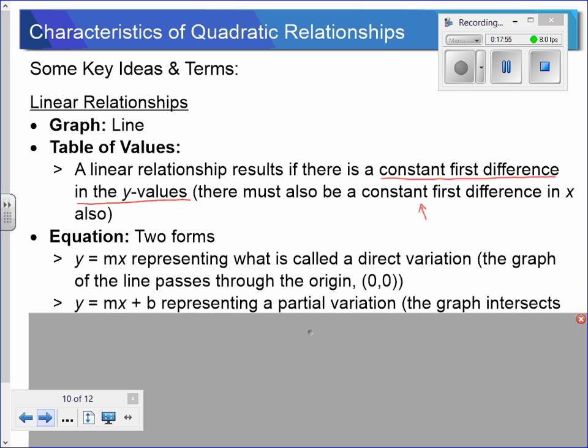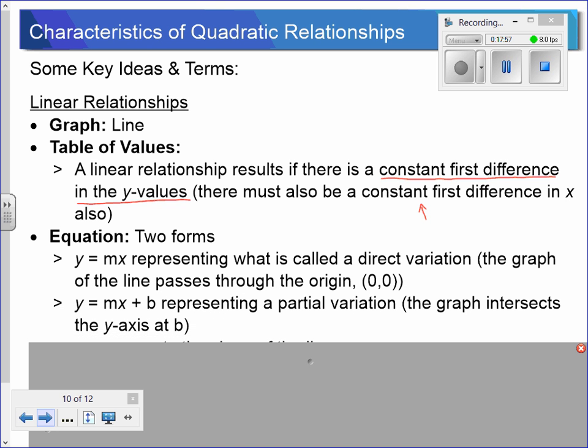There are two forms for the equation of a line, which you would have labeled or answered in the lesson package. The first is y equals mx. That's what we call a direct variation, as it passes through the origin. The second is y equals mx plus b.